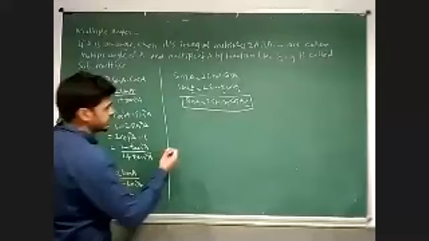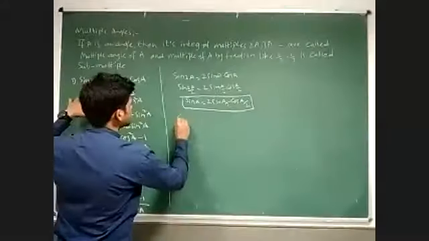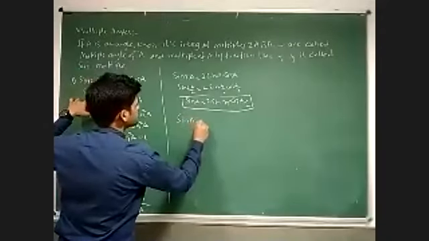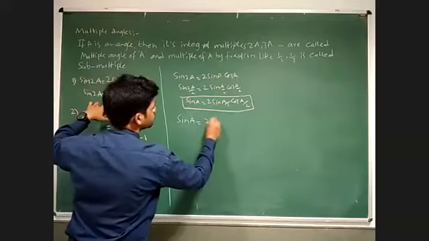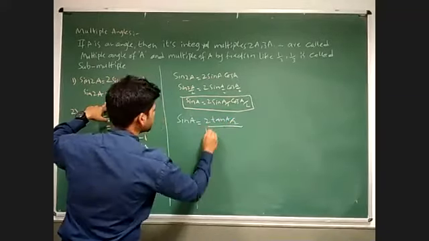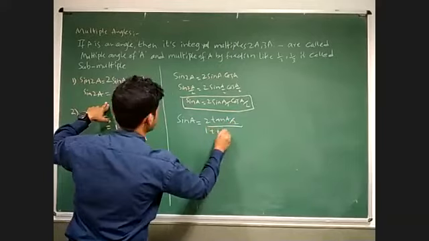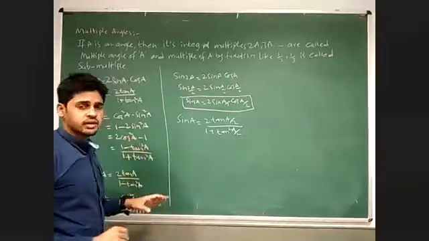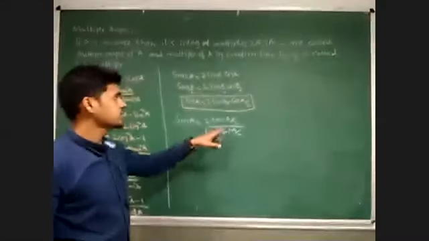So similarly I can write sin A is nothing but 2 tan A by 2 over 1 plus tan square A by 2. Okay, what we are doing is making half angle.